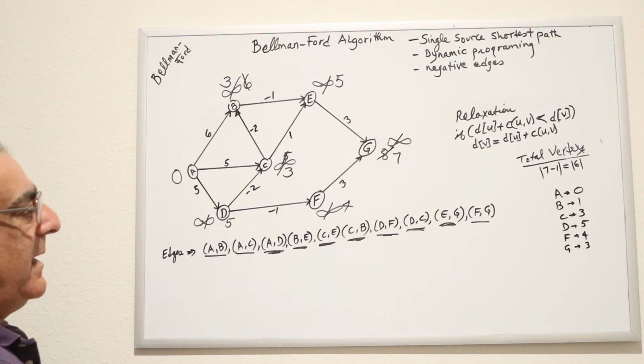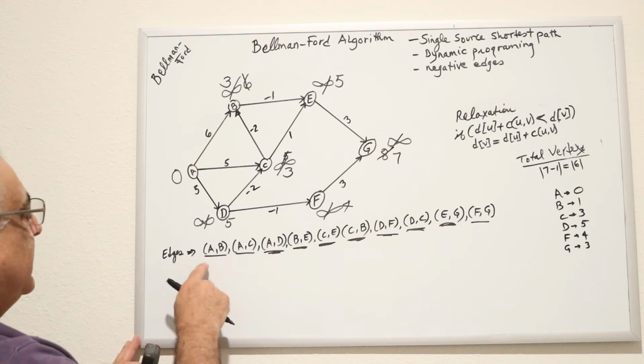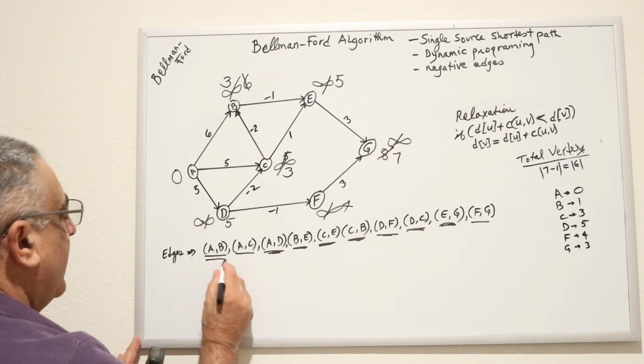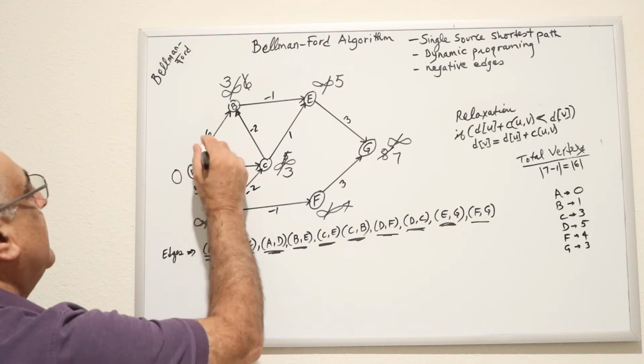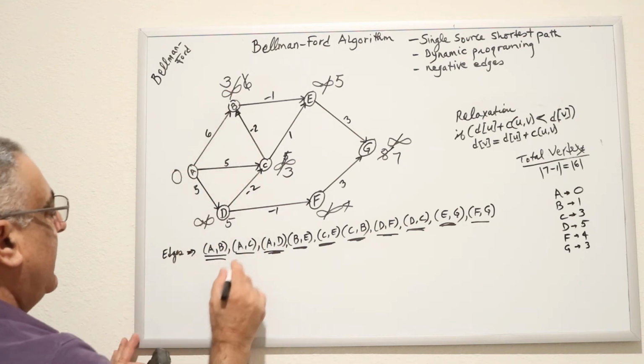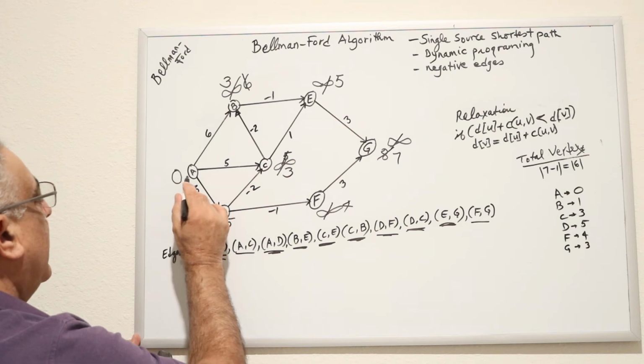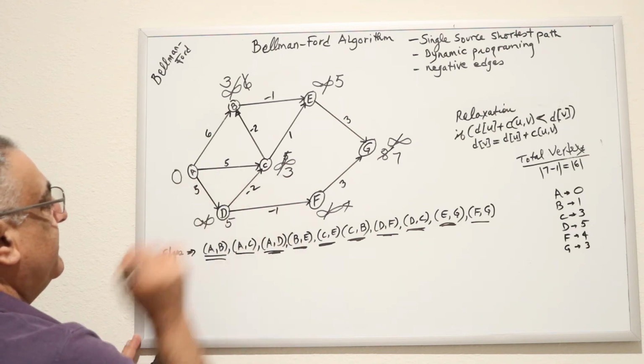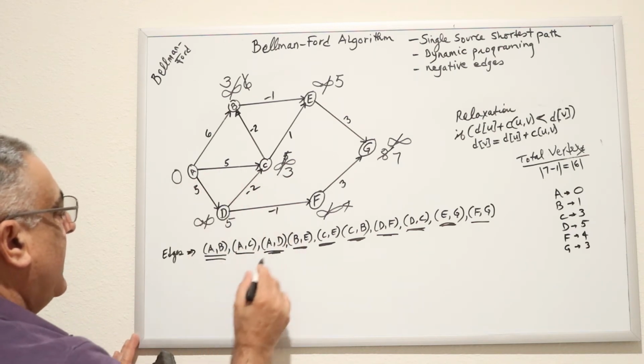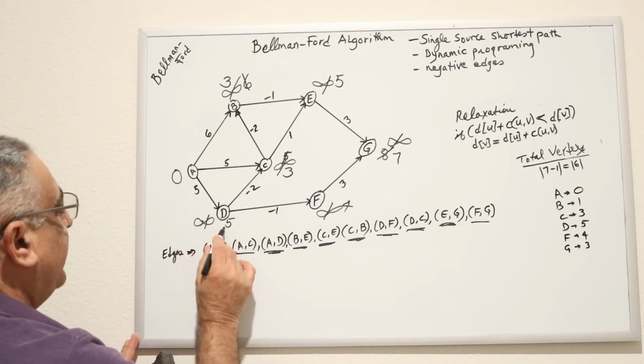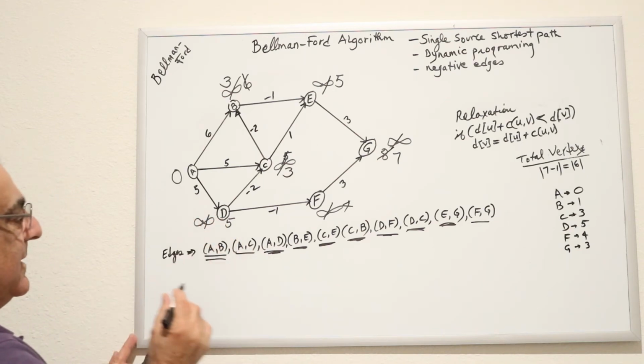Hopefully, I'll have changes. Now, let's go the second time. A to B, 0 plus 6, so no change. A to C, 0 plus 5, no change, it's 3. A to D, 0 plus 5, that's a 5, so it stays.